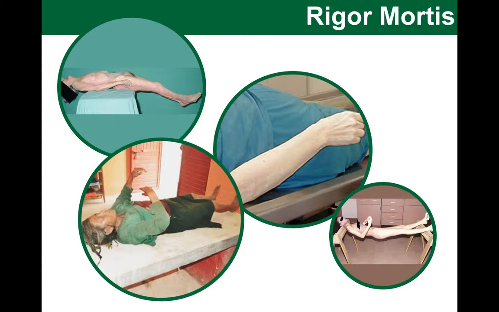So it really looks like the body is frozen in place. It usually starts with the small muscles and then typically spreads in the heads-to-toes direction. So really the term rigor mortis describes it very well, as when translated it stands for rigid death.